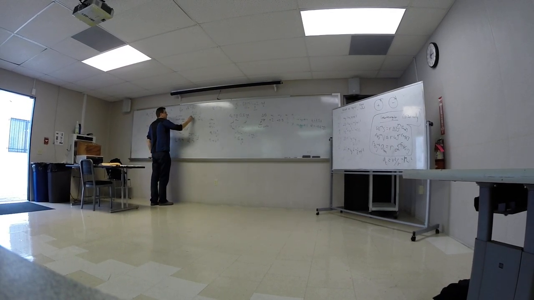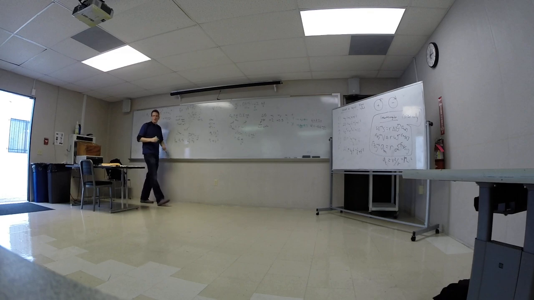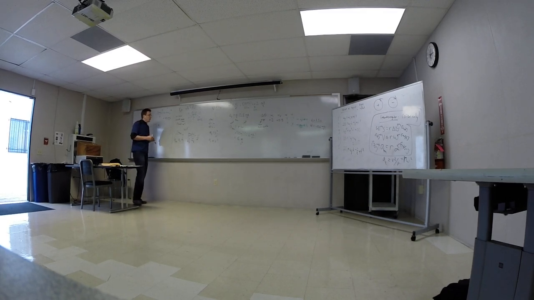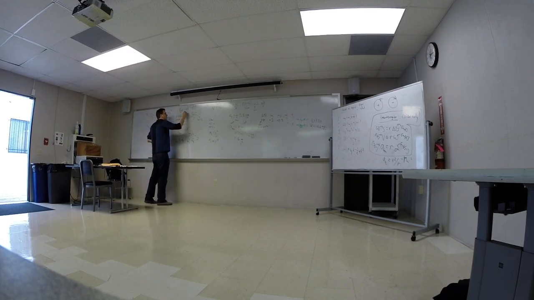How do I get the hypotenuse again? Pythagorean theorem. If you do that, that comes out to be 40.4 meters per second squared.